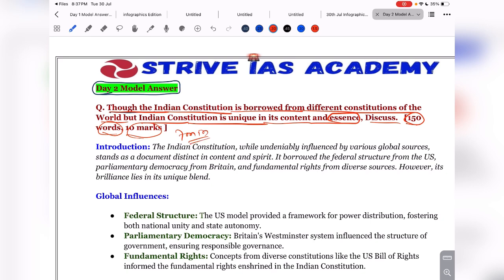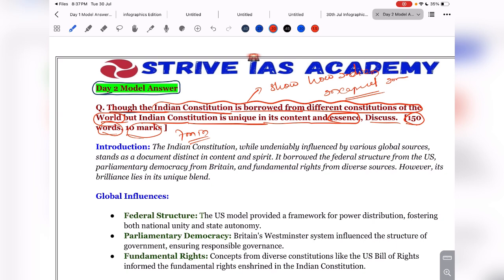First, the Indian constitution is borrowed from the different constitutions of the world. So in the first part you have to show how the Indian constitution incorporates the important provisions from different constitutions of the world. Just like we have taken fundamental rights from the USA, and parliamentary form of government and the rule of law from the UK.